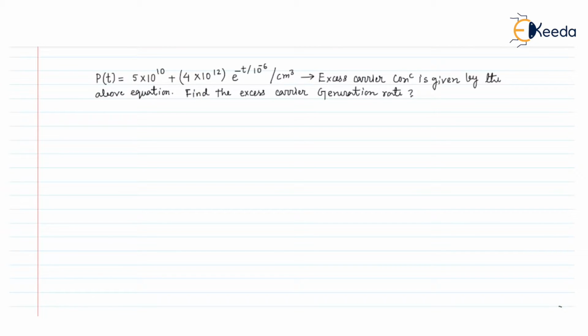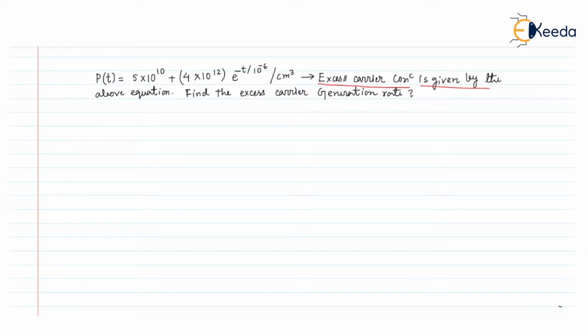In the given numerical, Pt equals 5 into 10 to the power 10 plus 4 into 10 to the power 12 e to the power minus t by 10 to the power minus 6 per centimeter cube, and it is given that this is the excess carrier concentration.